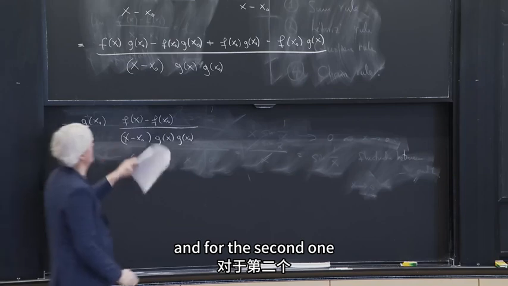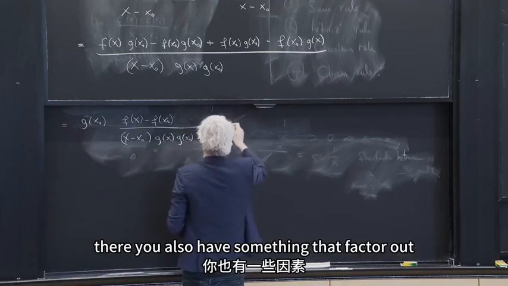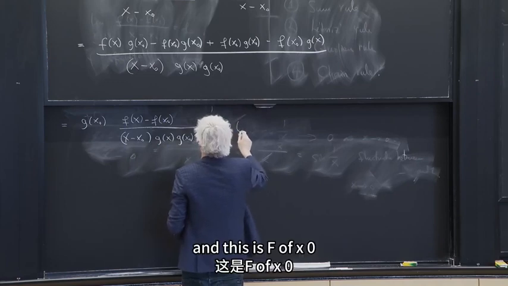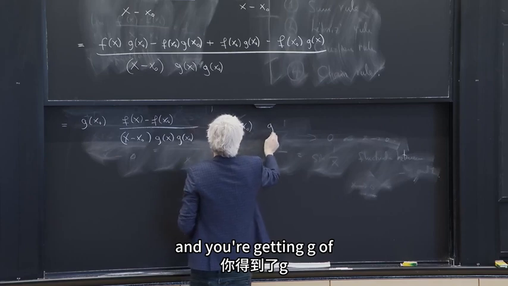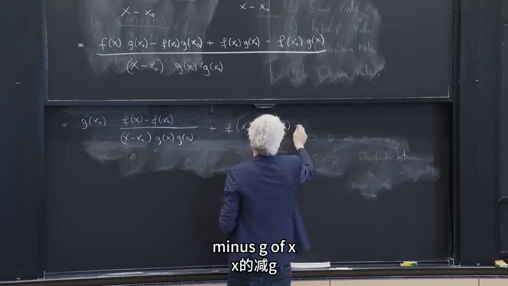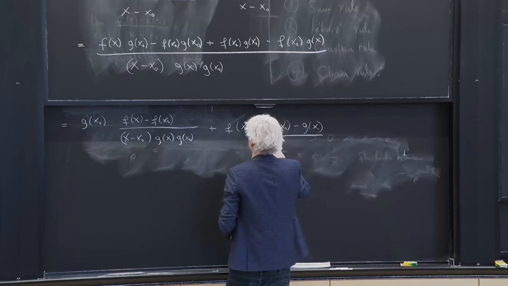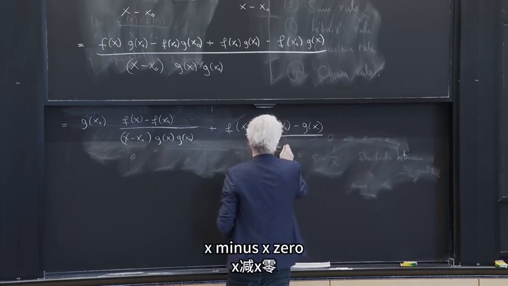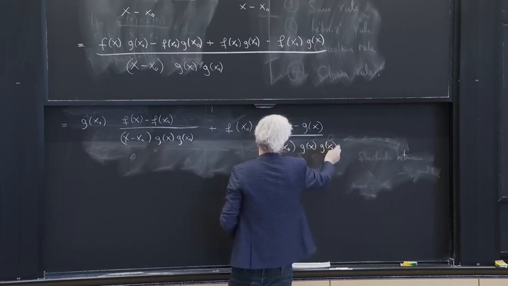And for the second one, you see that there you also have something that factors out. And this is f of x0, and you're getting g of x0 minus g of x over x minus x0, g of x, g of x0, like that.